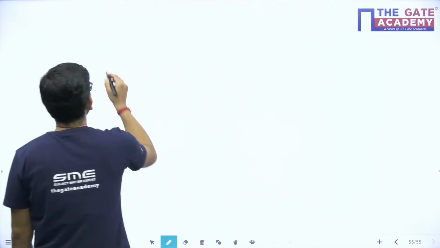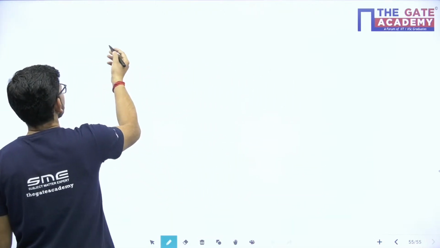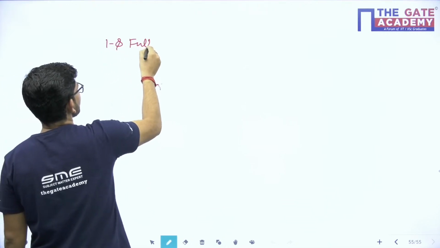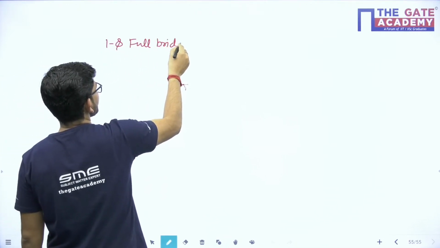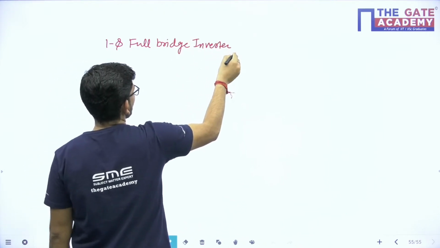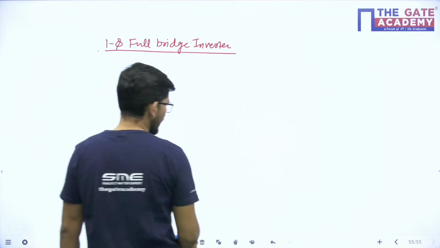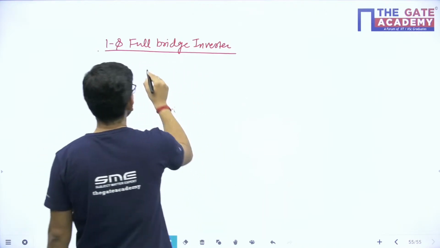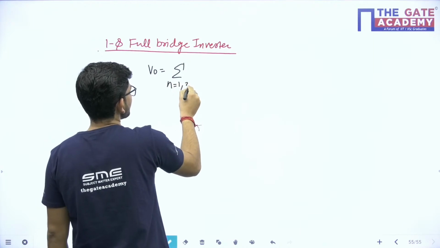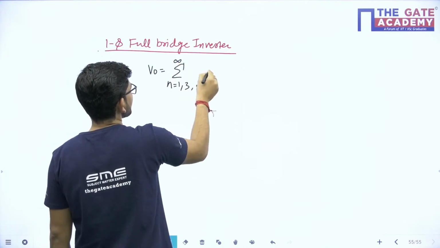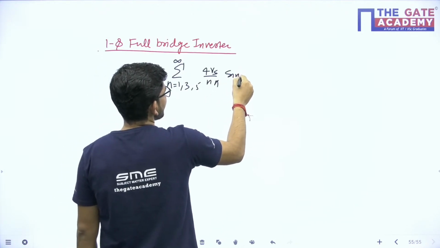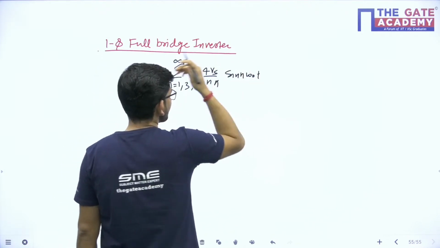Now, suppose in case of a single phase full bridge converter or full bridge inverter, we take the case where V naught equals the sum for n equals 1, 3, 5 to infinity of 4 Vs upon n pi sin n omega naught t.